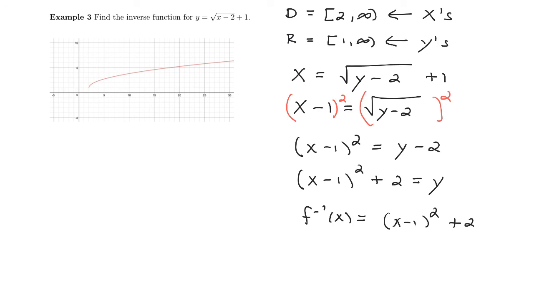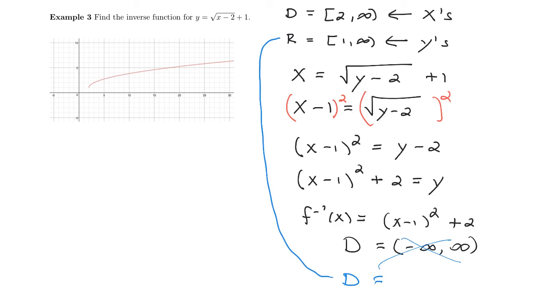Now, the problem is that this has a domain of all real numbers. But that can't be my answer. That can't be correct. The domain of this function should be the range of my original equation. Again, the reason is the range is your y values.